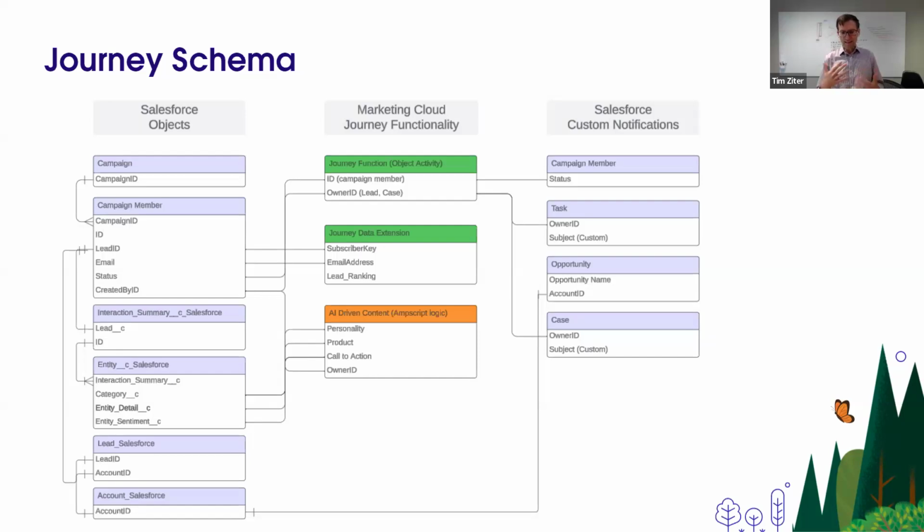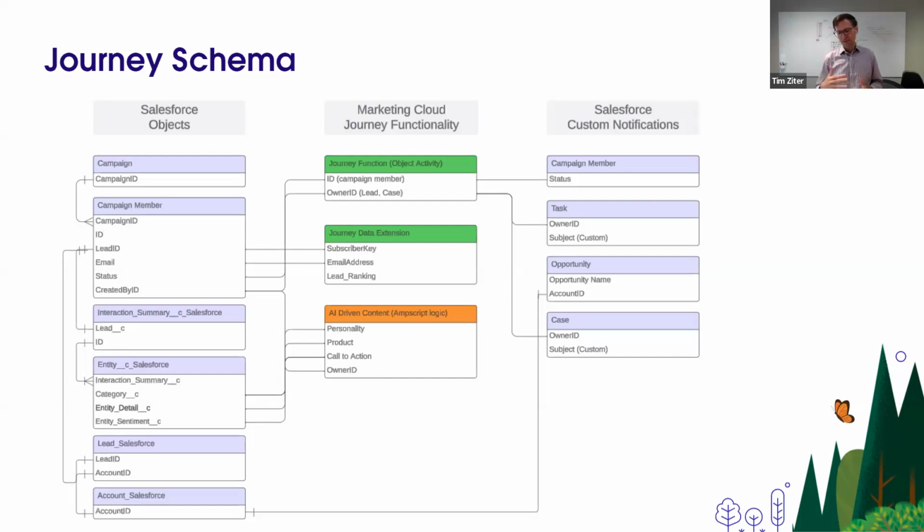The connectivity to the AI data, as Hunter showed in that lead, is that lead ID in that campaign member that connects to that interaction summary. With that lead ID and interaction summary ID, that opens up all those entity records he shared, which provide those data points from that unstructured data.